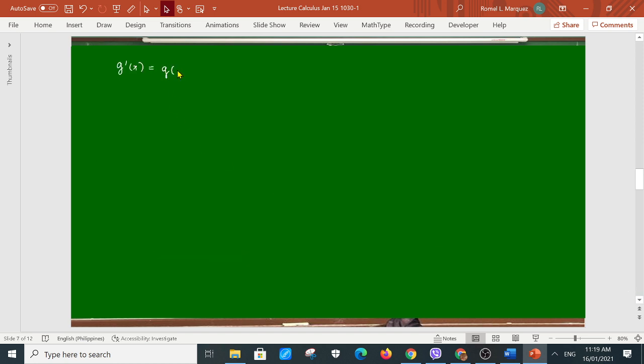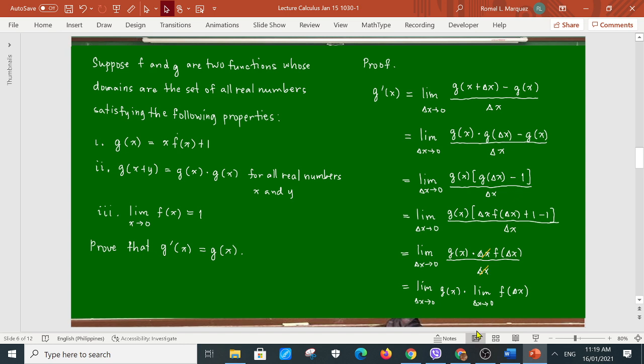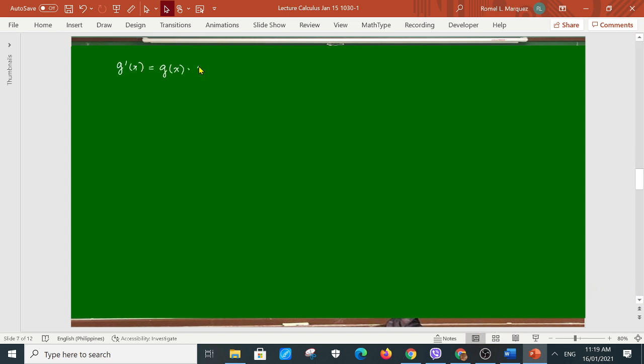So that is g of x, times the limit of the second part, which is 1. Therefore, we're done. We have shown that g prime of x is equal to g of x, satisfying the given properties. That ends the proof.